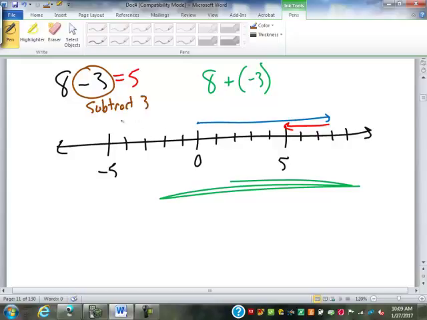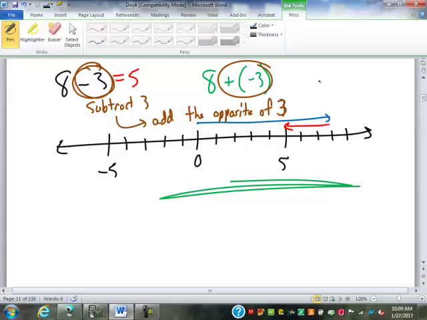Subtract 3 really means add the opposite of 3. Well, the opposite of 3 is negative 3. So subtracting 3 means add negative 3. Subtraction was just an operation that was developed to limit the amount of negatives we have to work with.